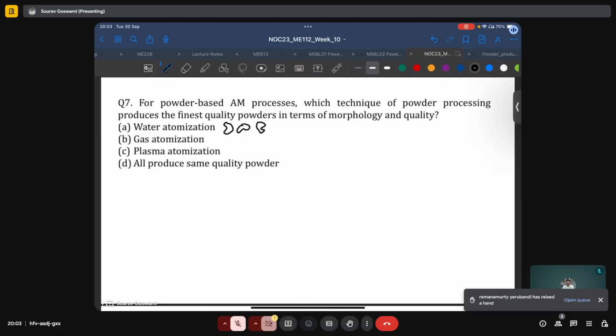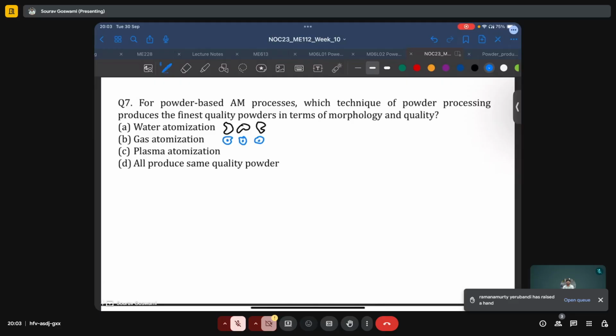Or this atomization or breakup of the molten metal into these small droplets can be done through the use of some inert gas like nitrogen or argon, in which case the powders will have comparatively better sphericity, though still not perfect, but they will be plagued with gas porosities because of the uptake of this gas.